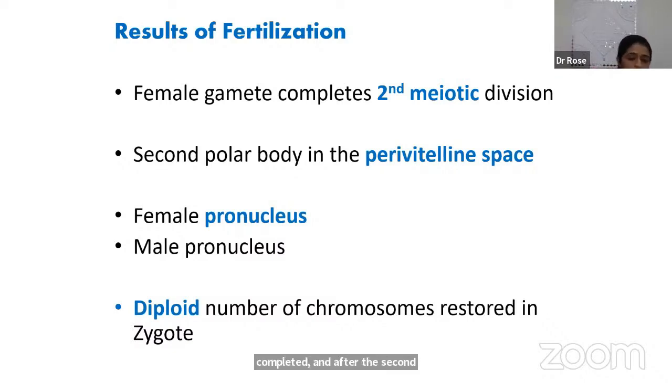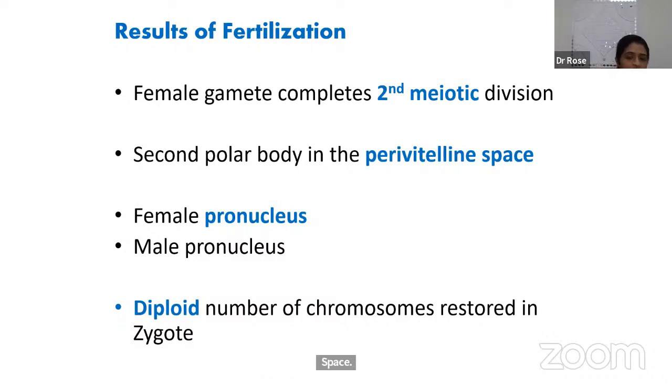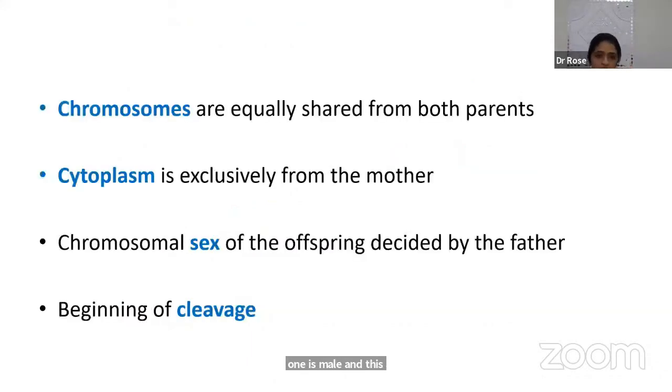If you see only one polar body, it means the first meiotic division is completed. If you see two polar bodies in the perivitelline space, it means the second meiotic division is also completed. As a result, two pronuclei are formed, one female pronucleus and one male pronucleus. This process helps in restoration of the diploid number for the zygote.